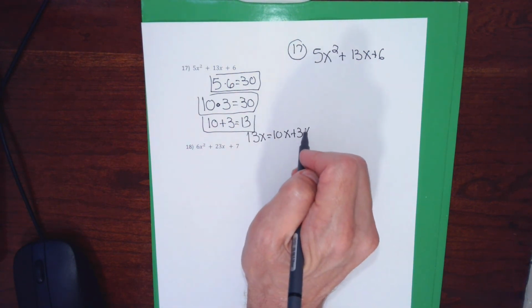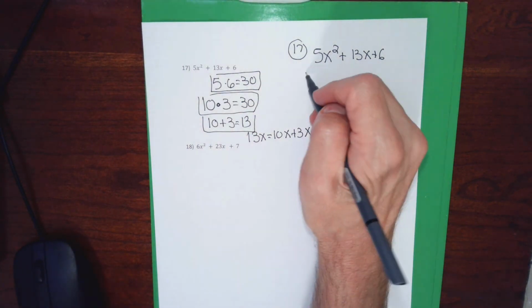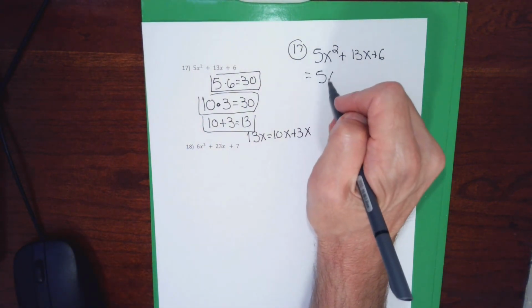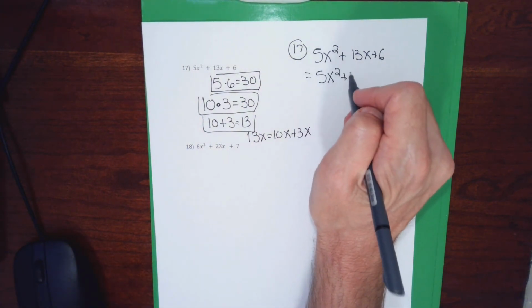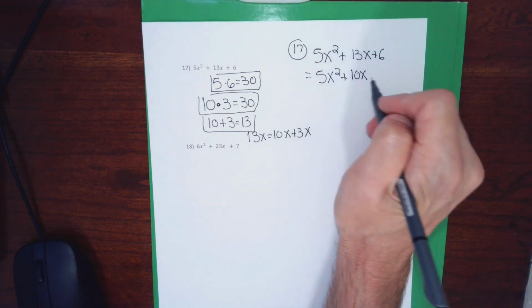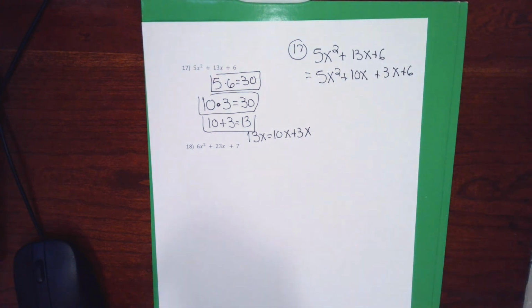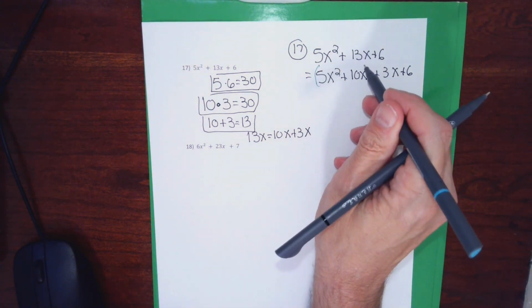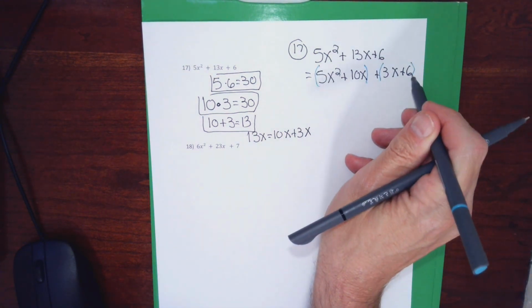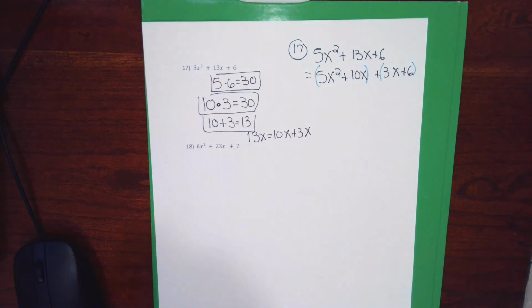So I'm going to rewrite the 13x, make the problem have 4 terms, set up for factoring by grouping. You could have the 3x first and the 10x second.